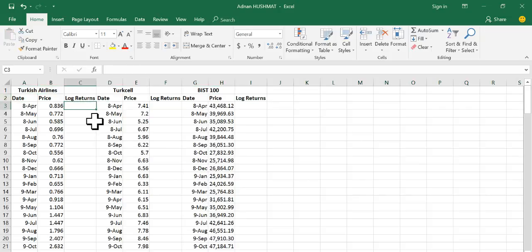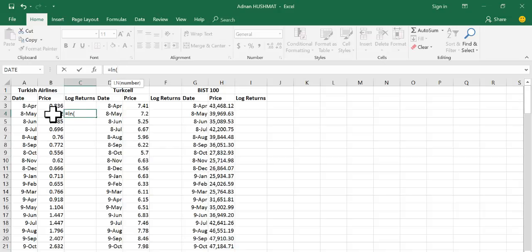Okay. So now log returns, how are you going to calculate them? You select this column, and you need to have one observation before. So first you go here and then you click here. You press equal, ln, and open the bracket.